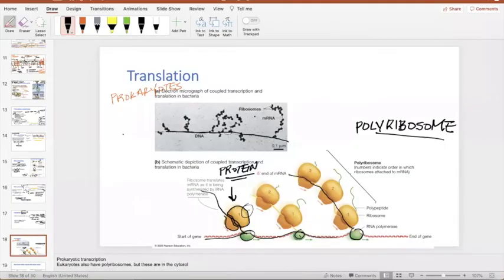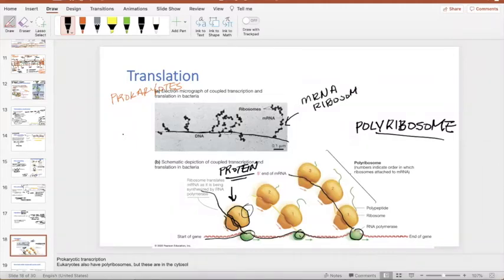Now notice here we have two of the three things that we need in order for translation to occur. We have an mRNA molecule, which is being transcribed off the DNA, and you have a ribosome.